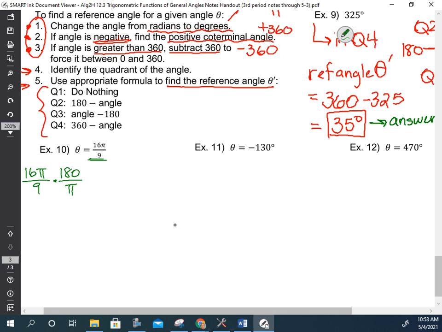Remember, when you multiply, go from left to right. So 2880 pi over 9 pi. Pi drops out. So you get 320 degrees.